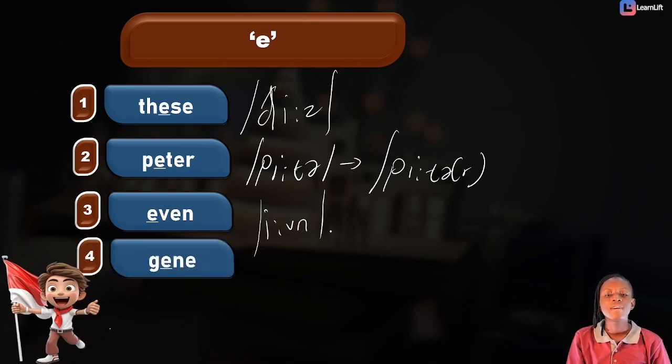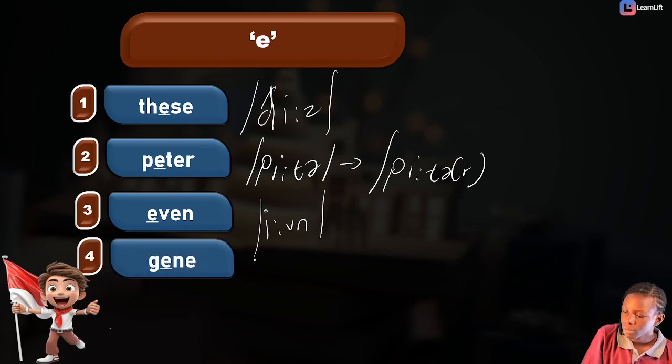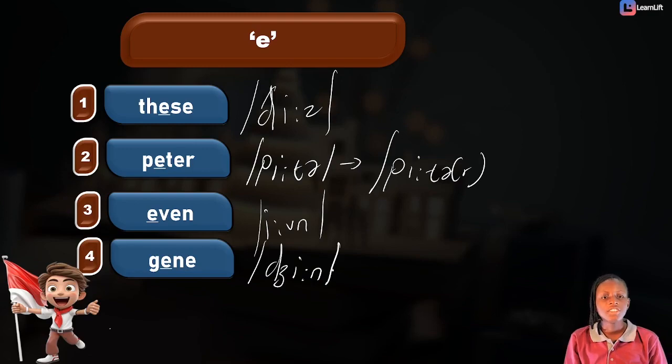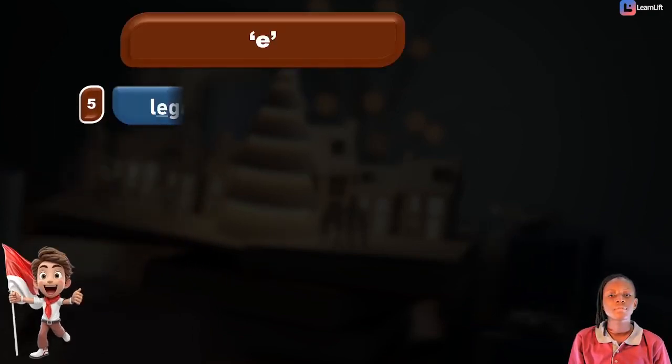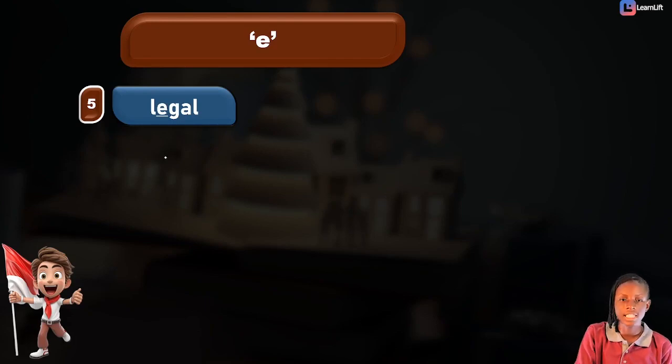Next up we have "Jean". Next up we have "legal", not "leg", so we can say our legal advisor. Legal, transcribed as this.